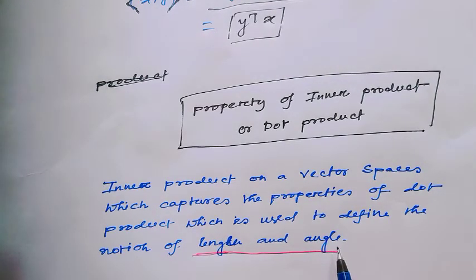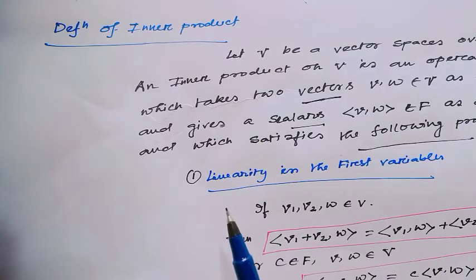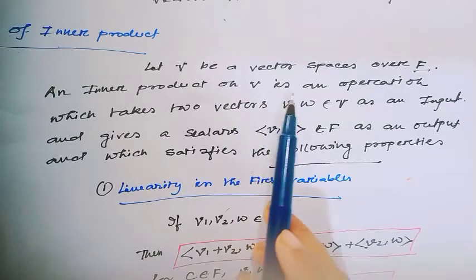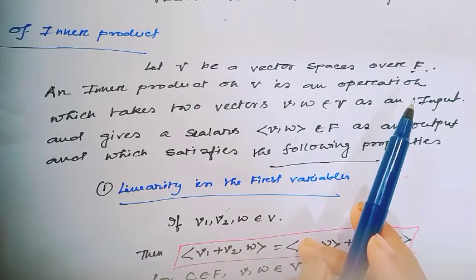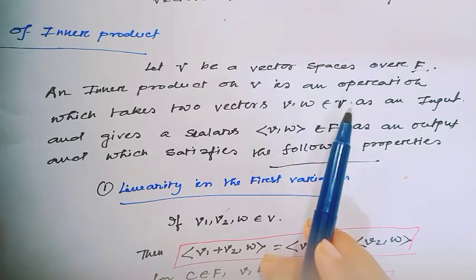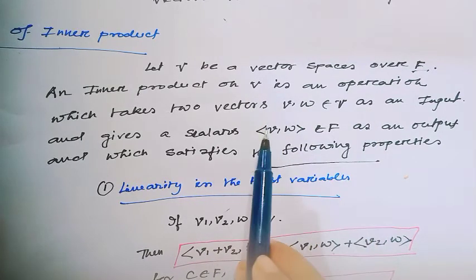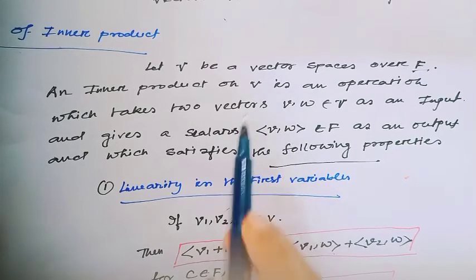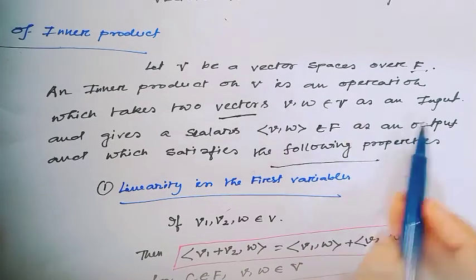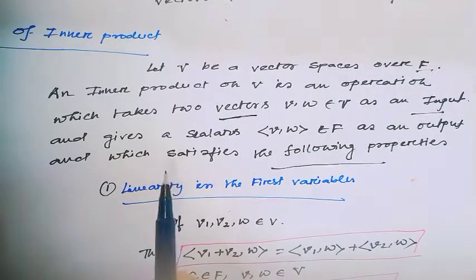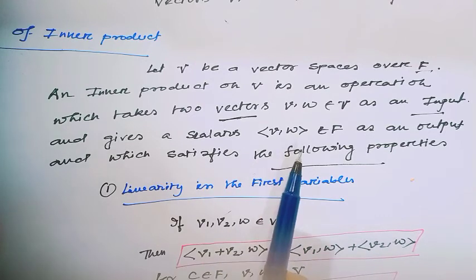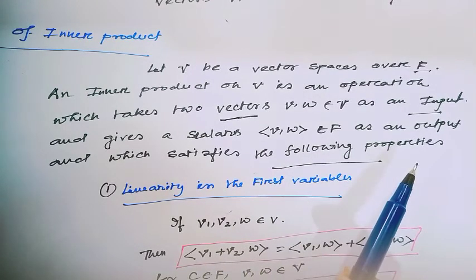of length and angles. So the actual definition of inner product is, let V be a vector space over the field F. An inner product on the vector space V is an operation which takes two values, here two values means vectors, v and w belonging to this vector space, as an input and gives a scalar, inner product of v and w belonging to F, as an output.